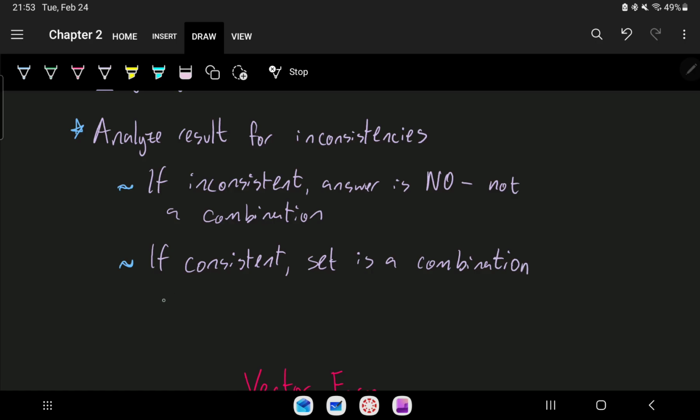And in order to fully answer the question, the set is a combination, and then the solution vector gives the scalar multiples.